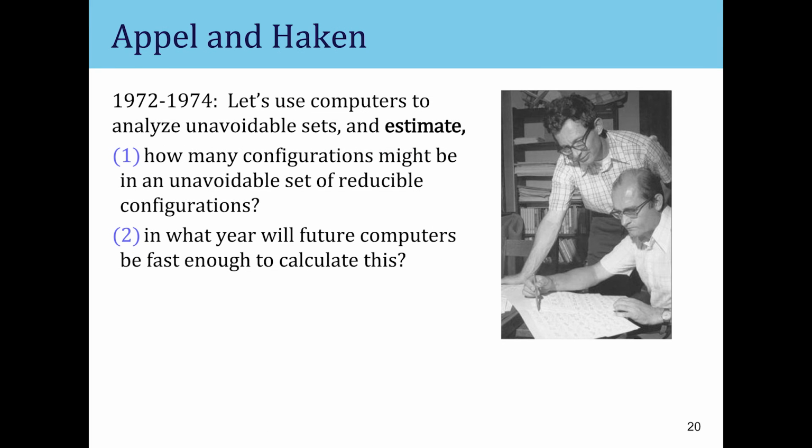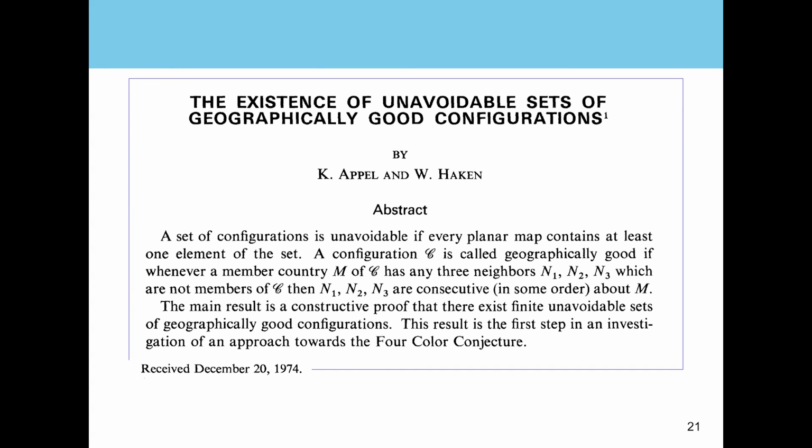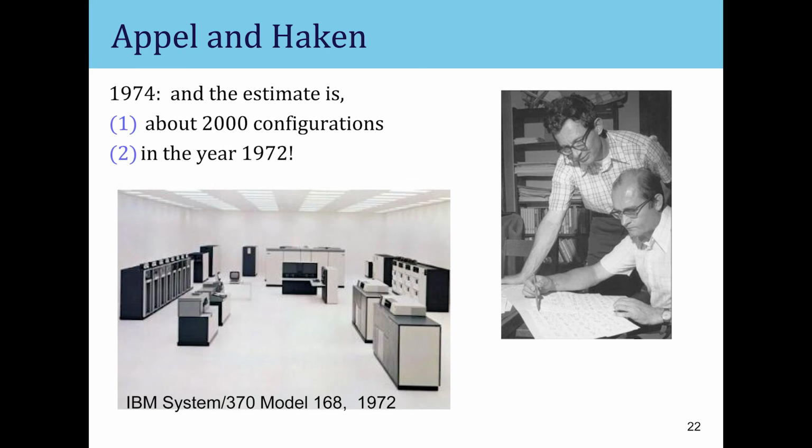OK, so Kenneth Appel and Wolfgang Haken in 1972 decided to estimate how many configurations might be in an unavoidable set of reducible configurations, and in what year future computers will be fast enough to calculate this. And they concluded in this paper they submitted in 1974 that it might be about 2,000 configurations.